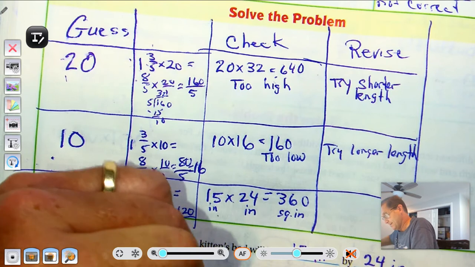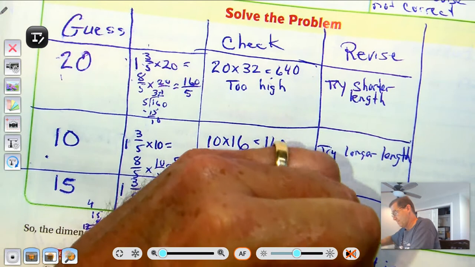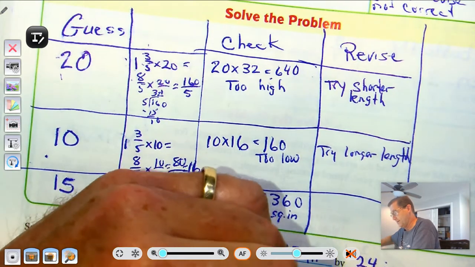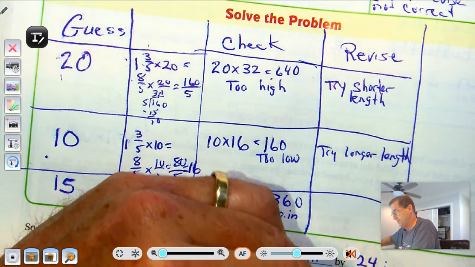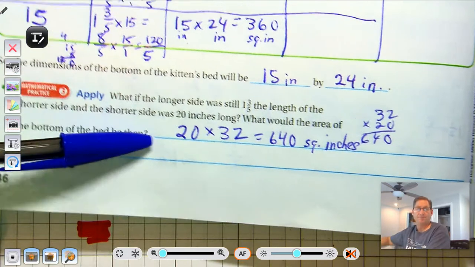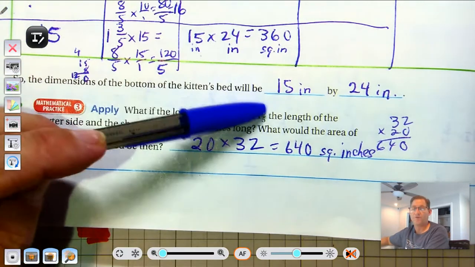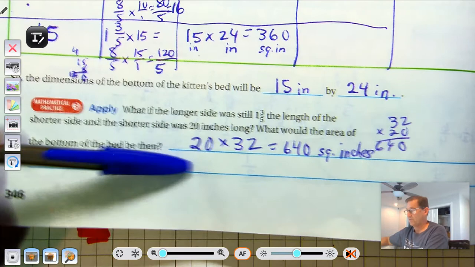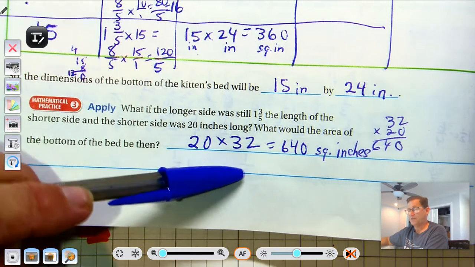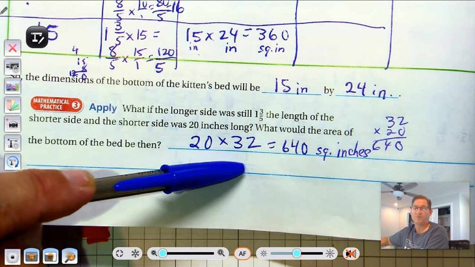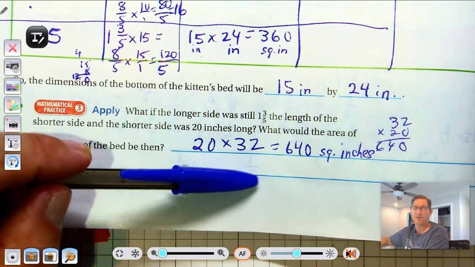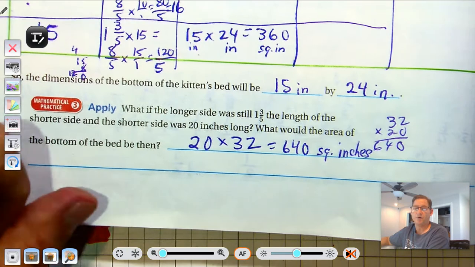So we'd have 20 times 32, and we already multiplied that out, and we got 640 square inches.